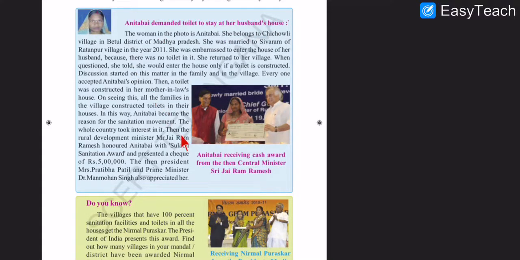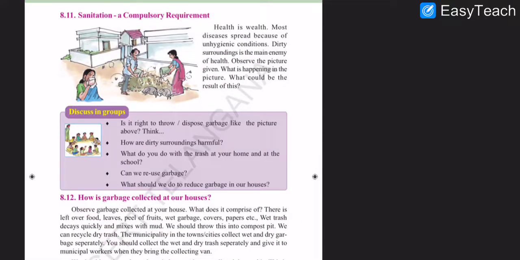You can read in your textbook how she got economic help from the government for construction of toilets at her house. See in your textbook page number 103.